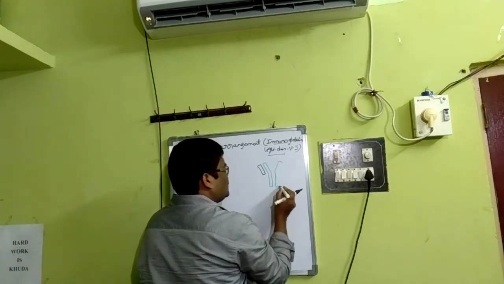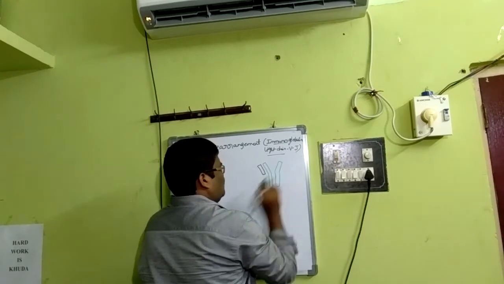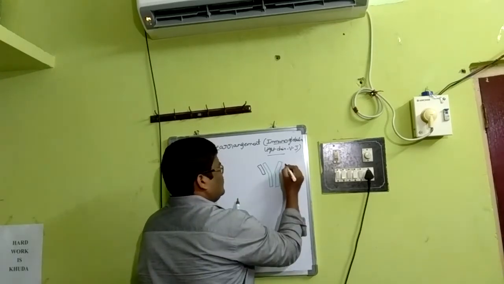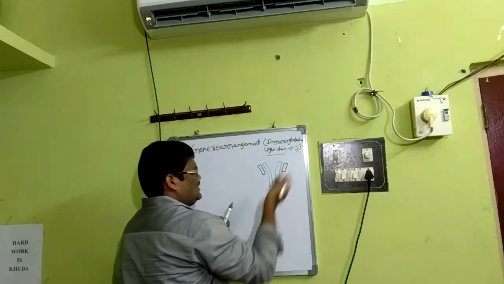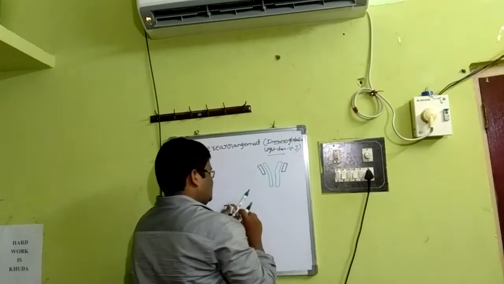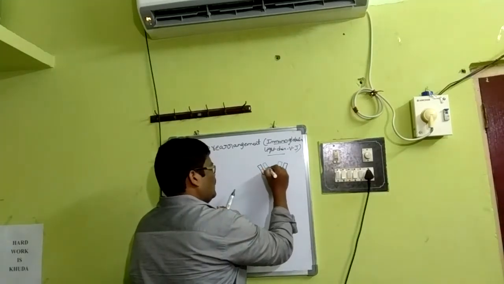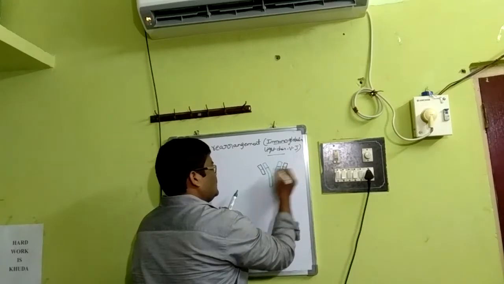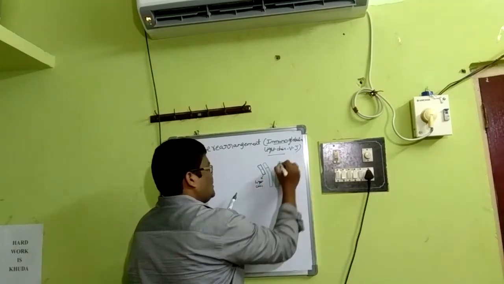And each chain consists of two portions, the variable part and the constant part. So it's a typical Y-shaped molecule. Say this is a variable part and this is a constant part. This is the light chain and this is the heavy chain.